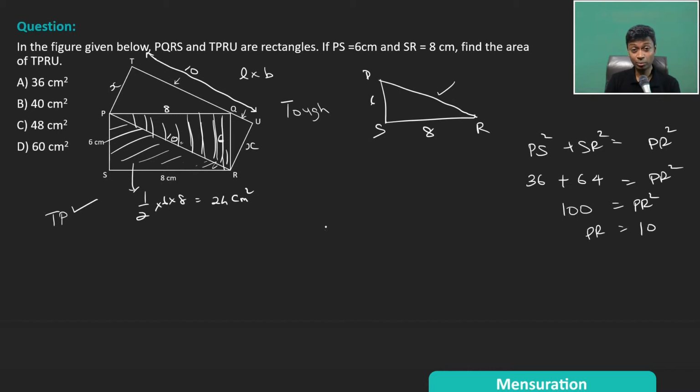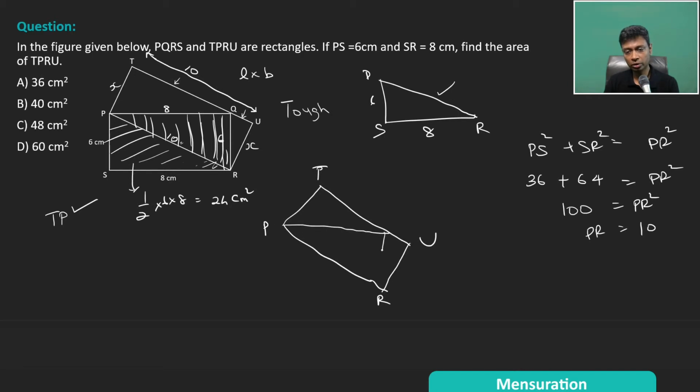Now think about this. I'm going to reimagine TPRU. I'm drawing it in the same way so that we can imagine it like that. Draw this and draw this. This is 10, so this is also 10.